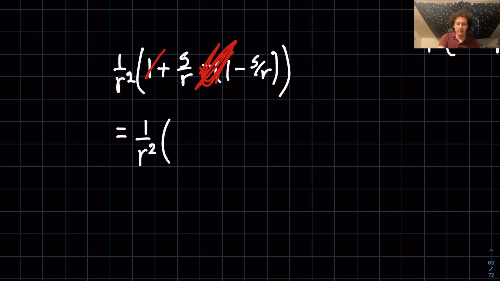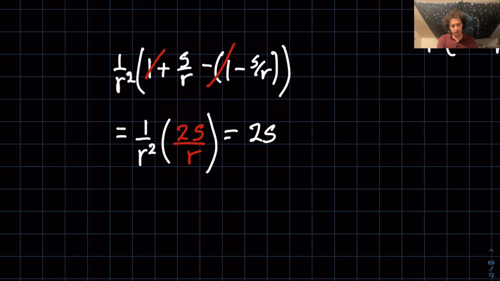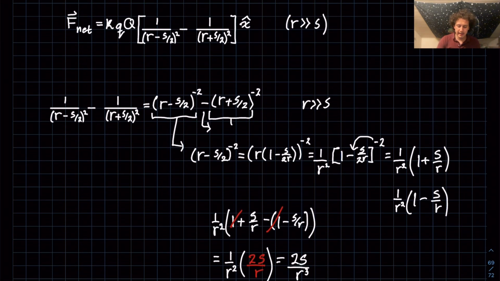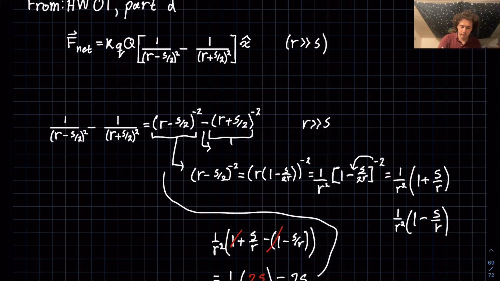And then we have this minus a minus, which makes it a plus, so we get this 2s over r, and that'll give us 2s over r cubed. And then we can substitute that back into our expression all the way up here.